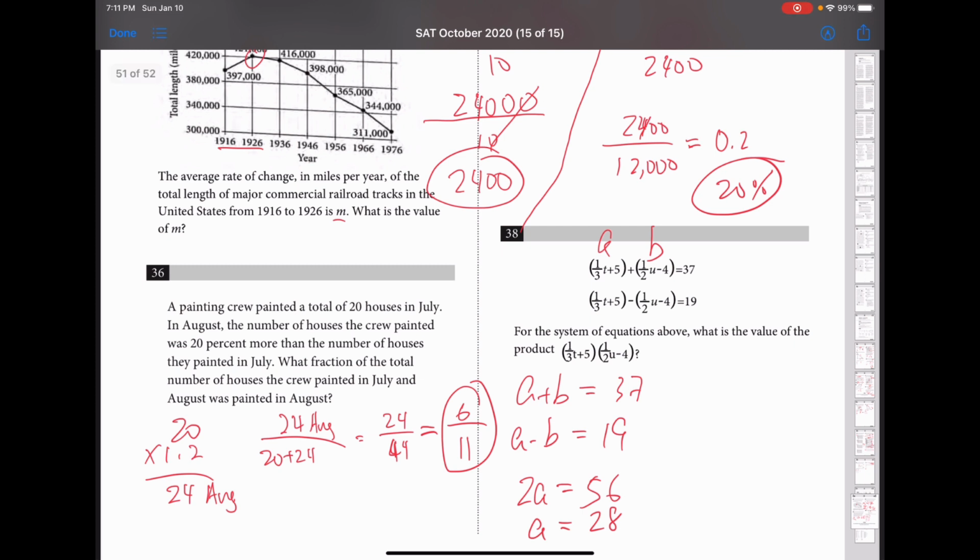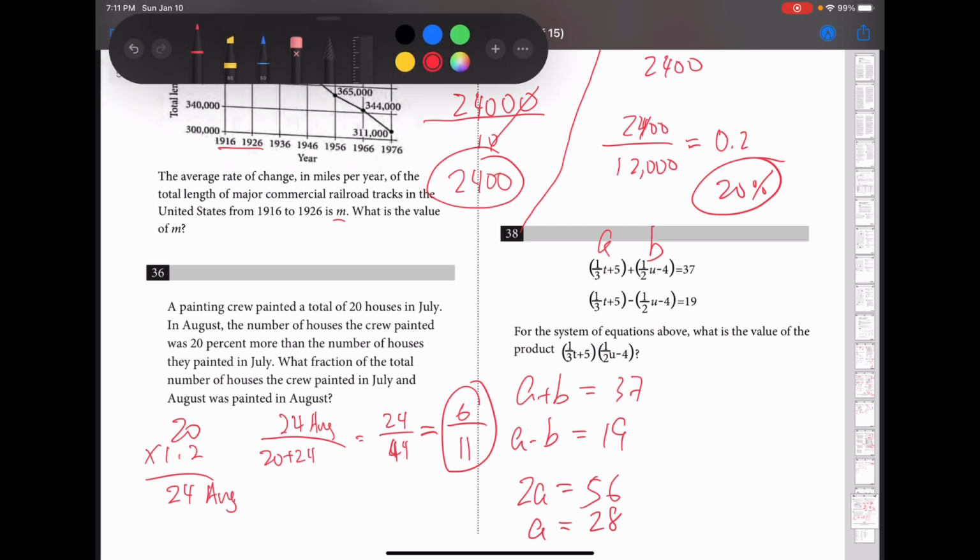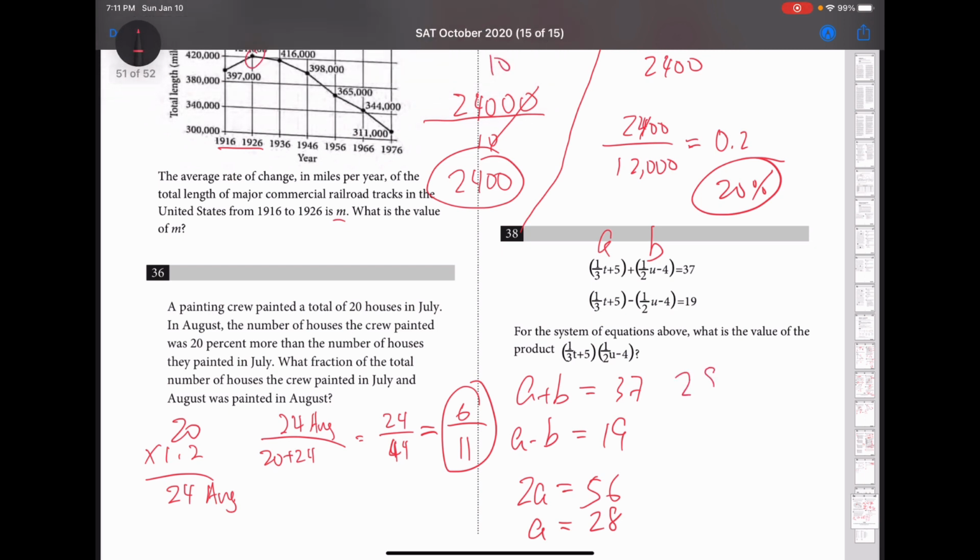I'm going to get 28 plus B is equal to 37. I'm going to minus 28, minus 28. B is equal to 9.